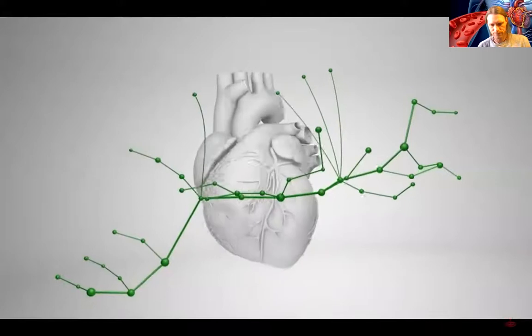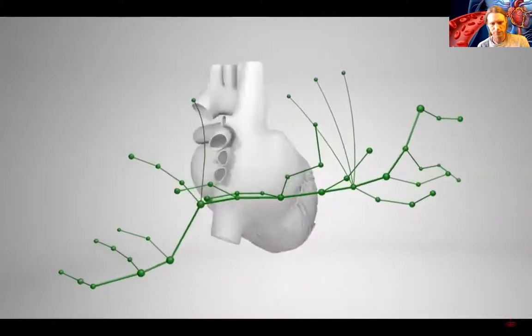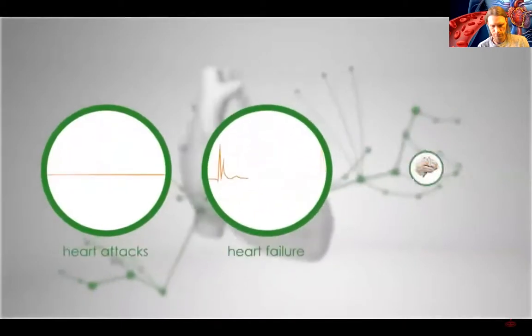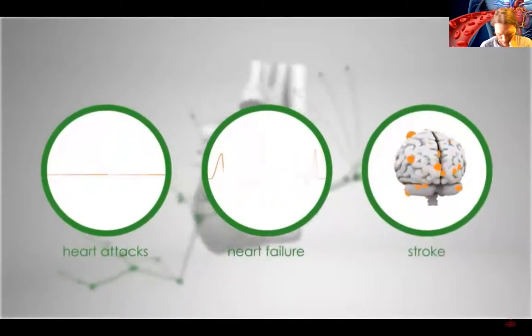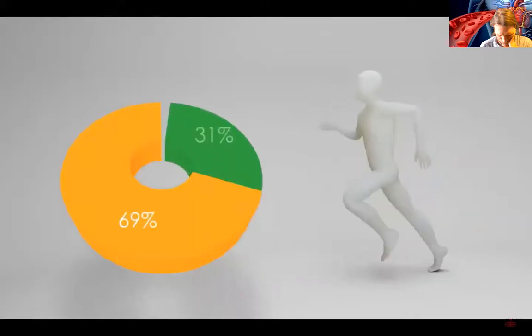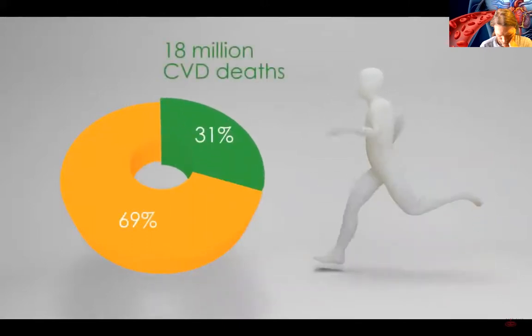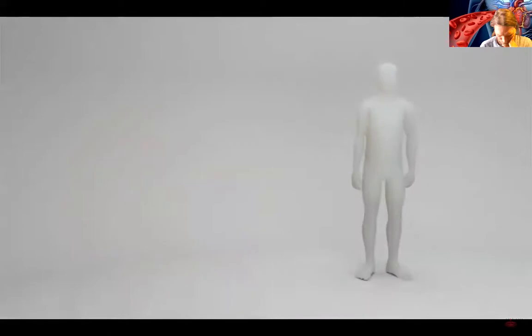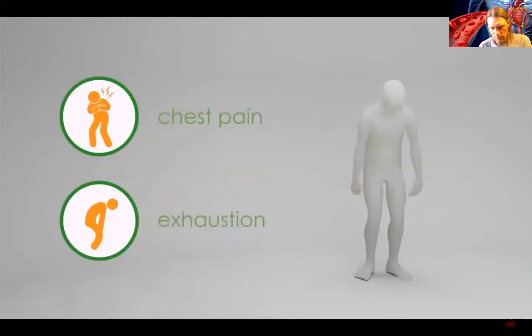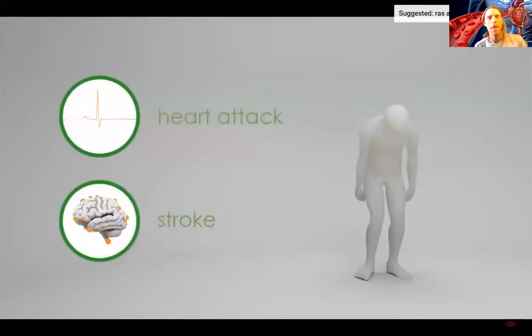Cardiovascular disease, or CVD, refers to a variety of problems with the heart or blood vessels, including heart attacks, heart failure, and stroke. Together, they are the number one cause of death globally, estimated at nearly 18 million deaths in 2015 and rising. Initial symptoms such as unexplained chest pains or exhaustion after only moderate physical exertion are frequently ignored, and thus many patients are only treated after suffering a heart attack or stroke.